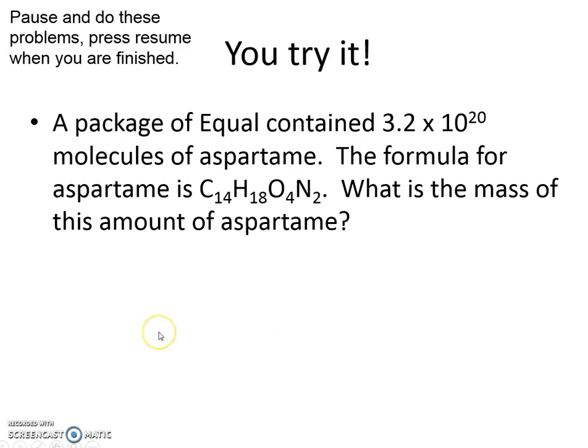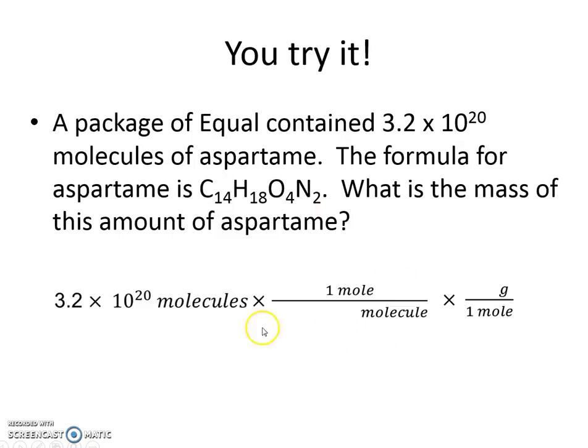So now you go ahead and try it. We've got a package of Equal containing 3.2 times 10 to the 20 molecules of aspartame. Here's the formula for aspartame. What is the mass of this? Well, we're going to start with a given 3.2 times 10 to the 20 molecules.